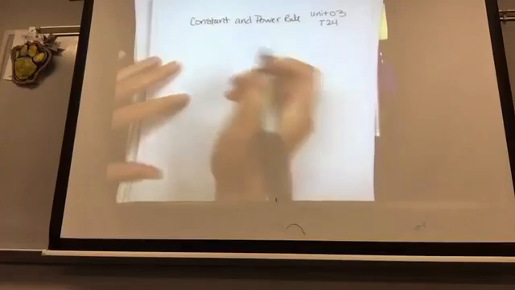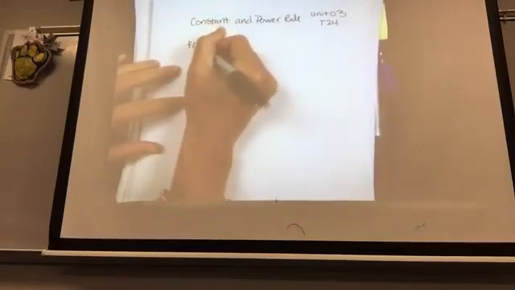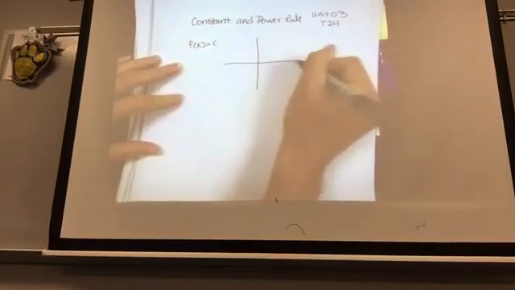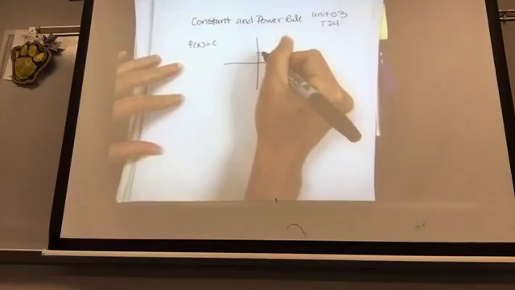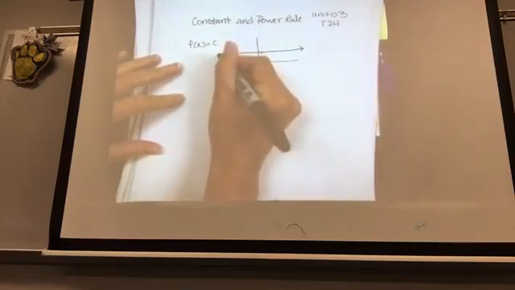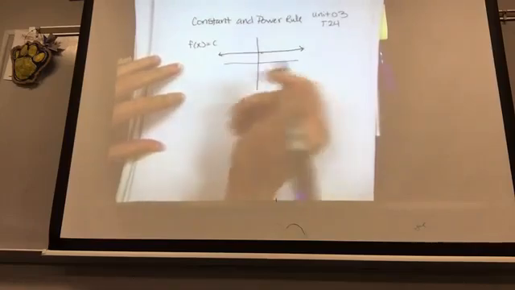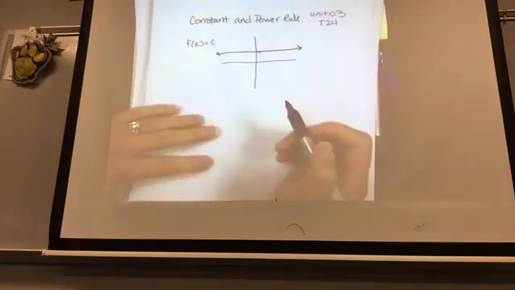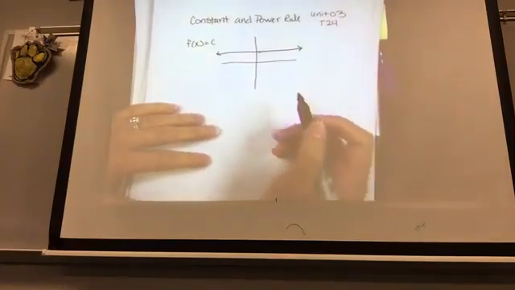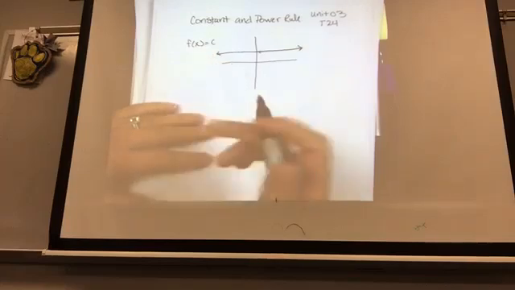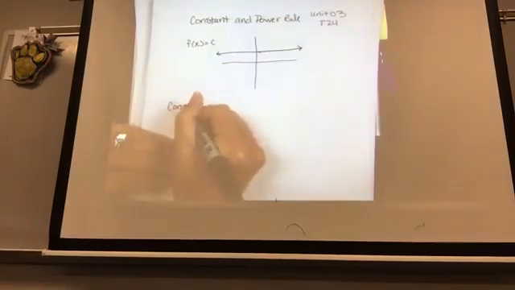Alright, so if I look at a function that's a constant, let's say f of x equals c, and let's say this is c right here, then I know that's just a horizontal line through c. So what is the slope of this horizontal line? 0. So the derivative of c, no matter what it is, since it's constant, is always going to be 0. So we have the constant rule.